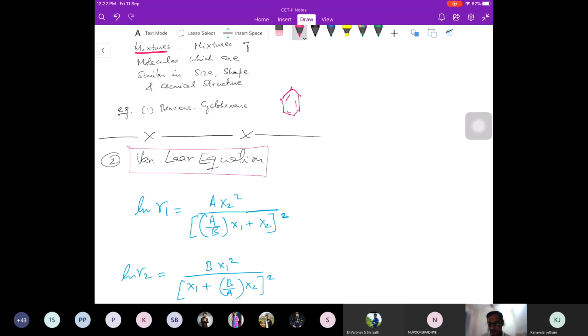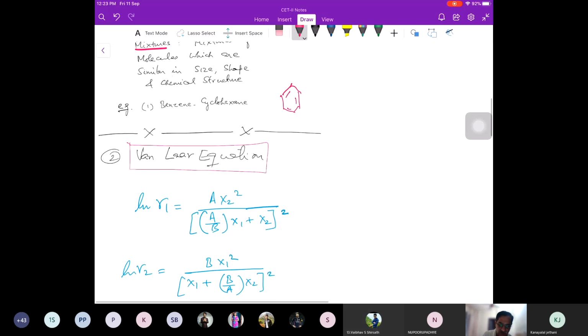This is benzene, right? बराबर है? Yes. And what is cyclohexane? C6H12. Cyclohexane क्या होता है? C6H12.